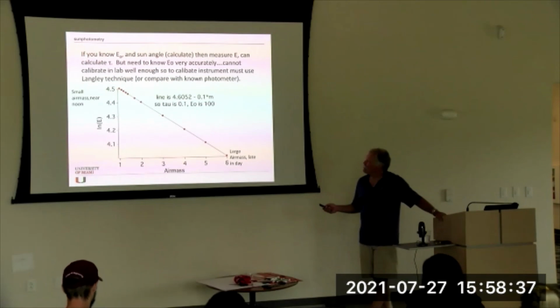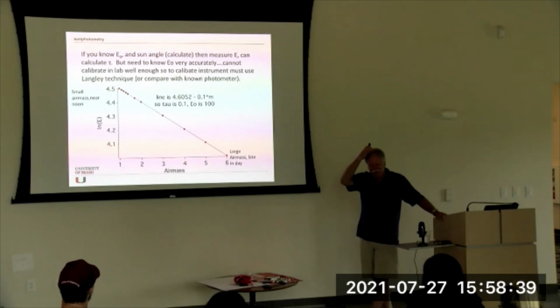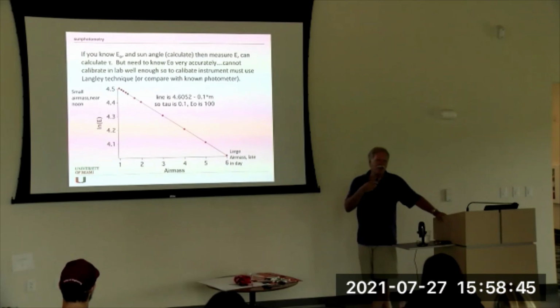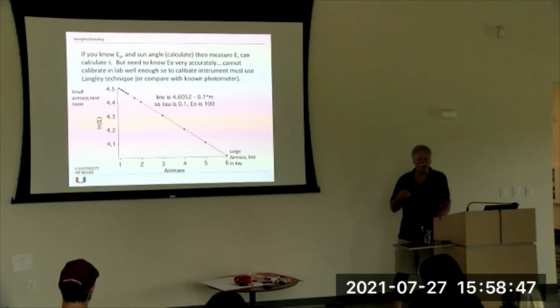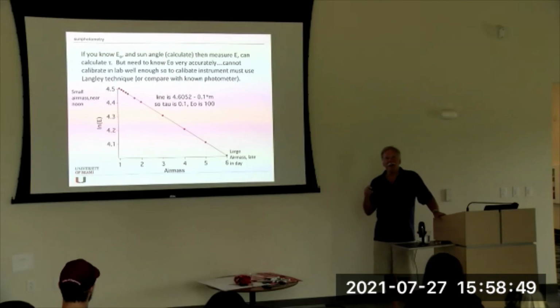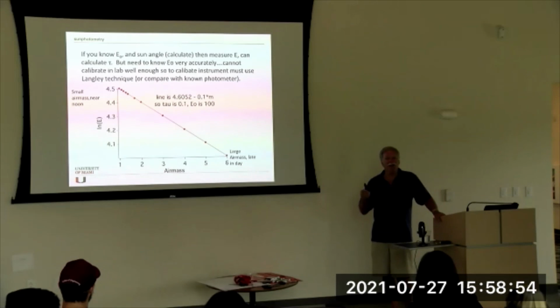And like Emmanuel said, there are these automated instruments called CIMELs, which need a stable platform. And those are all over the world making measurements. If you go to aeronet.gsfc.nasa.gov, that's their site, and you can download data.